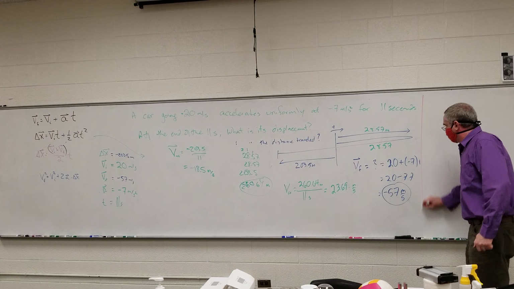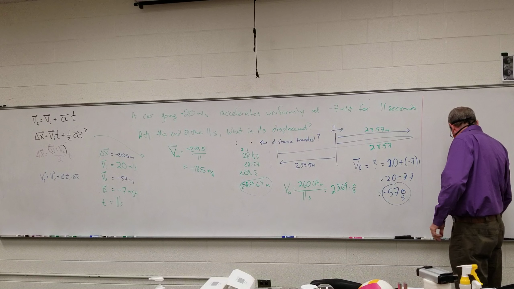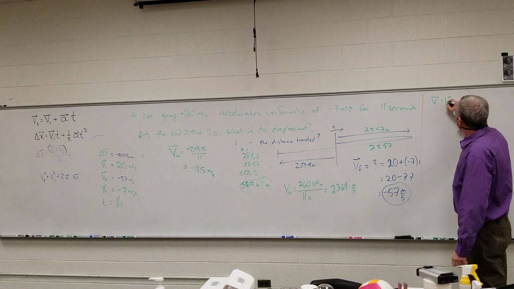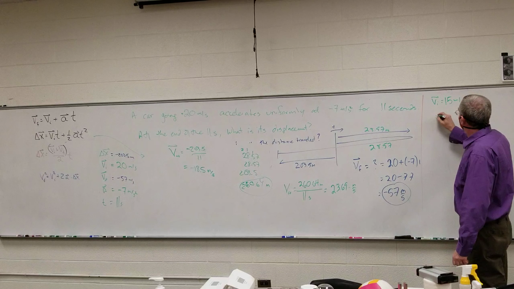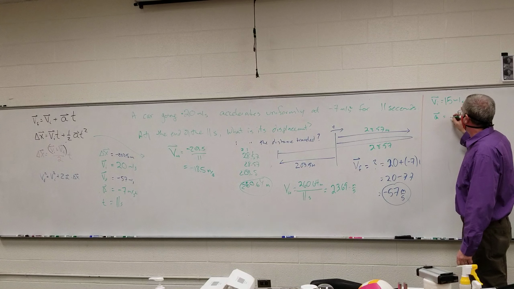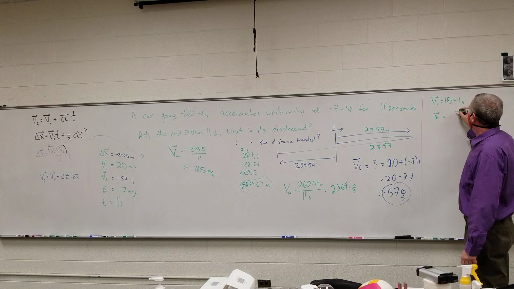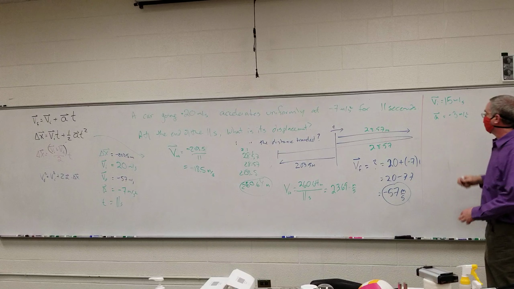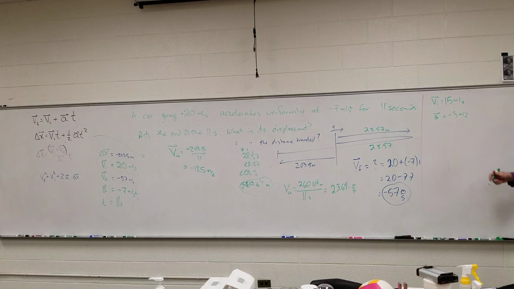All right, let's take a look at a different problem. Initial velocity of, let's make it 15 meters per second, and constant acceleration of negative 3 meters per second squared. And let's let time be, I'll stick with 11 seconds.